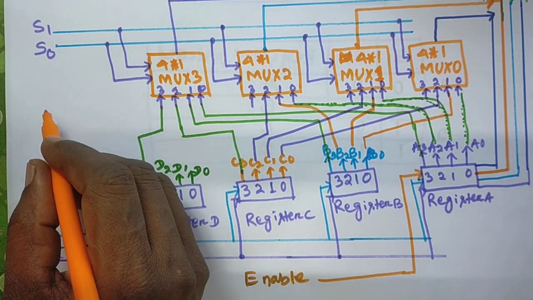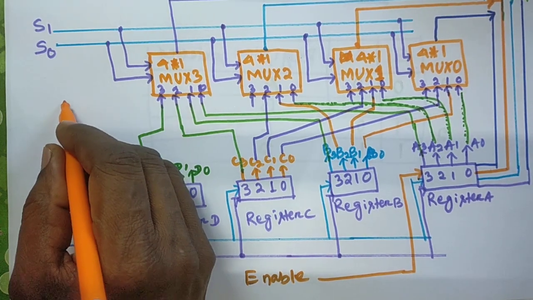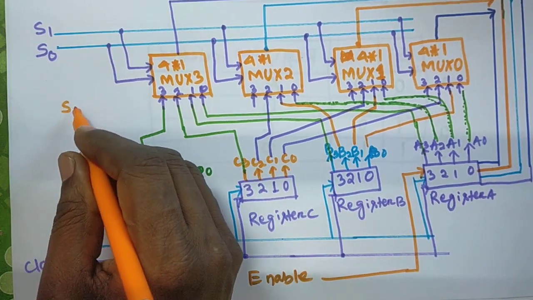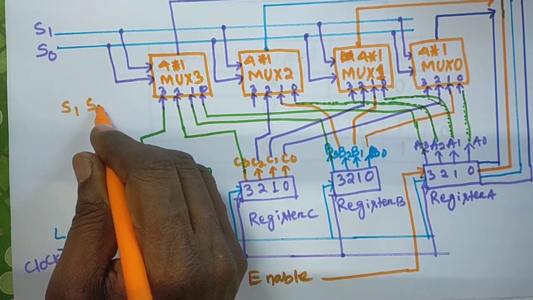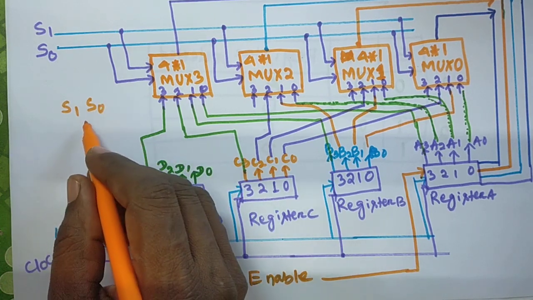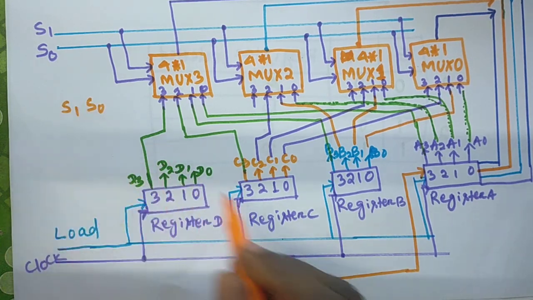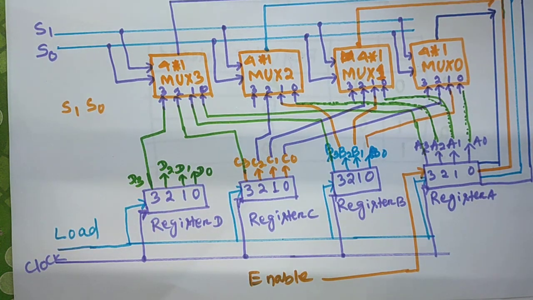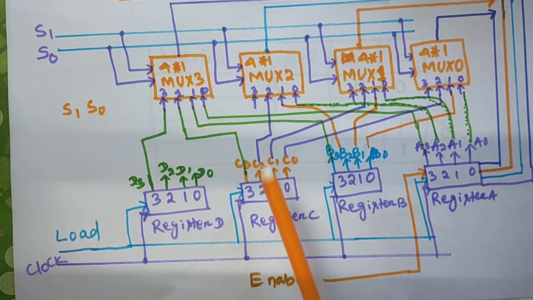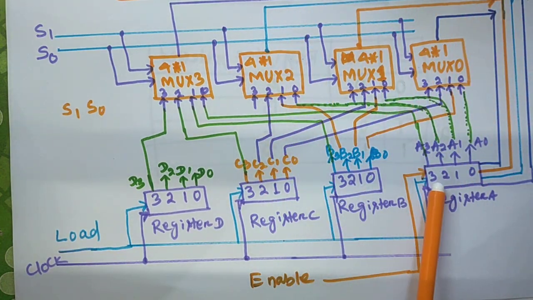Suppose here we consider S1 and S0, I will show you what is the value of S0 and S1 for this value where data transfers from this C register to the multiplexer, and that data transfers to the A register. I will show you, then we can understand easily.